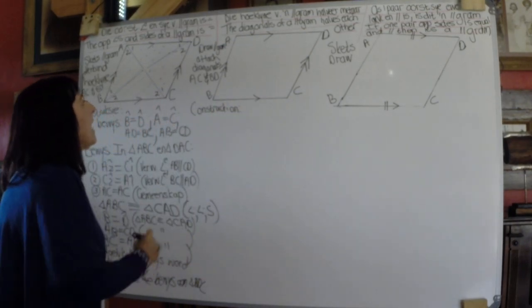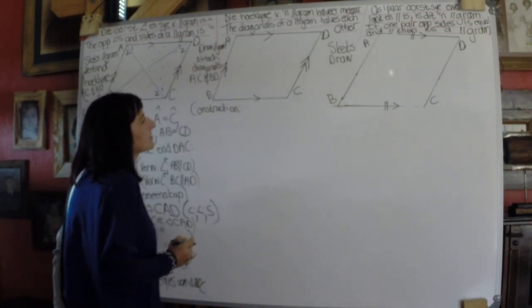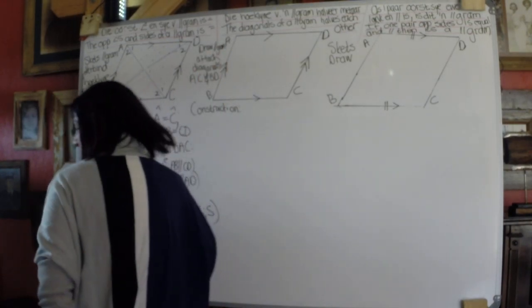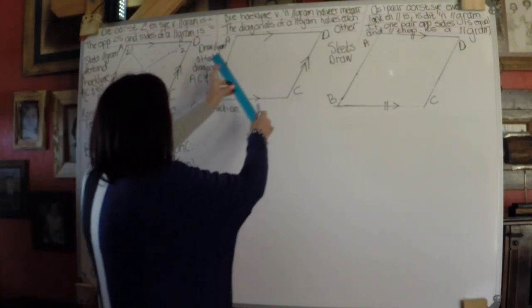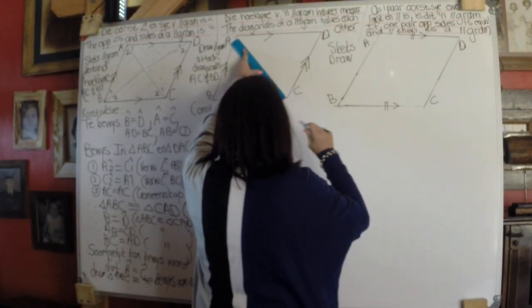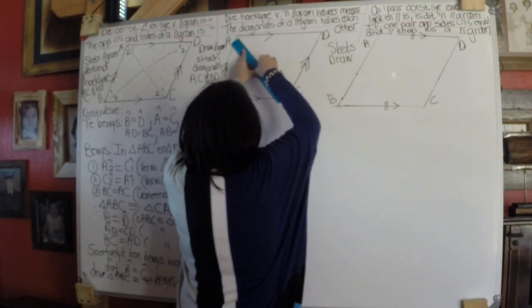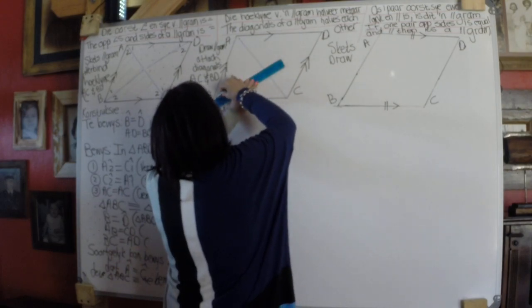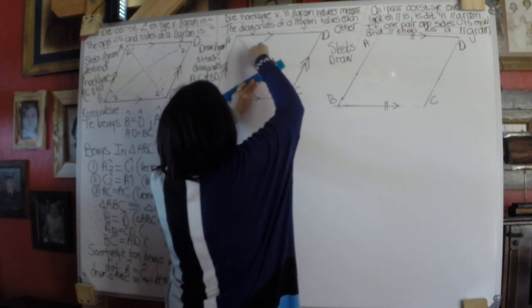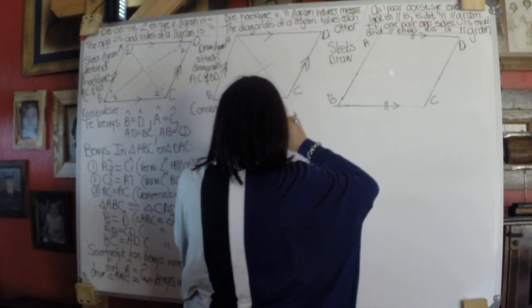Attach diagonals AC and BD. When you type, you can use another color, by all means. That's good. And now you're going to attach the diagonals AC and BD.